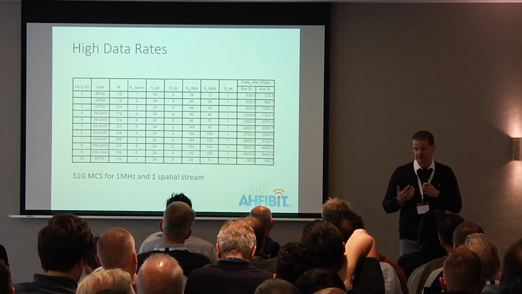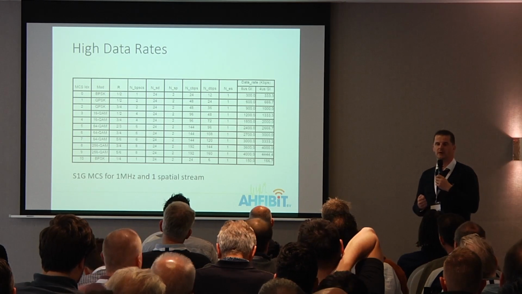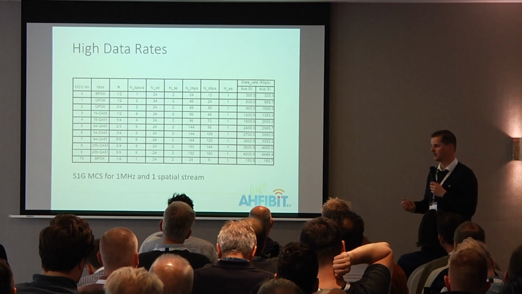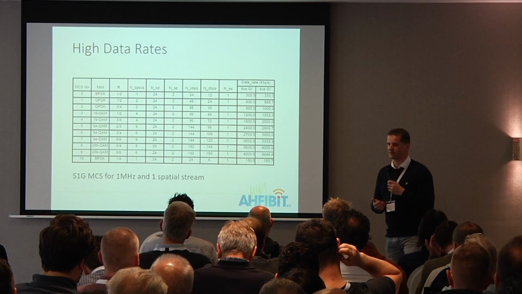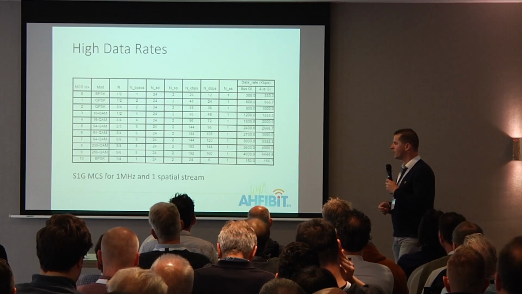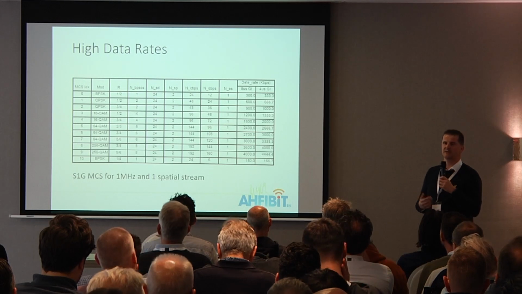So this is the MCS index for 1 megahertz and 1 spatial stream clients. So probably this is what we're going to see more commonly in our packet capture in practice compared to the 16 megahertz and 4 spatial streams, I guess. What do you notice here? There's one MCS index more, which is MCS 10.